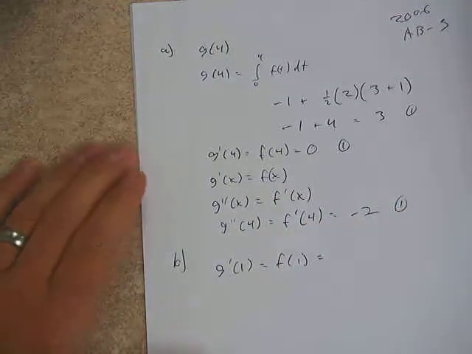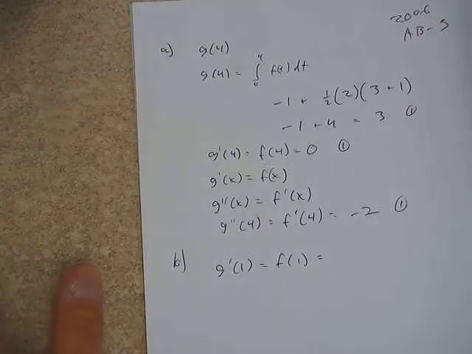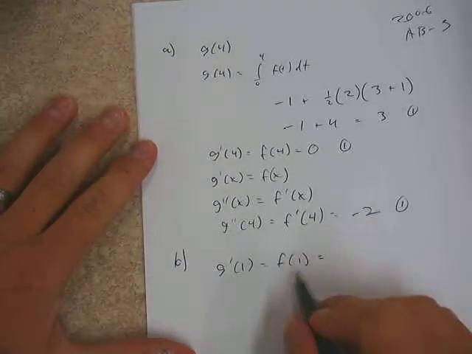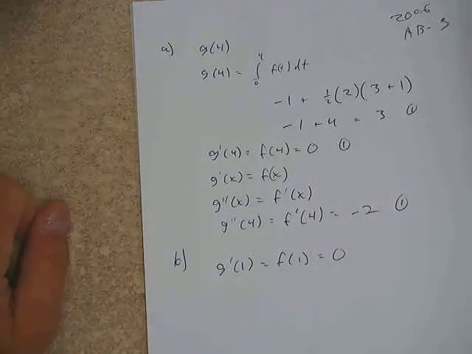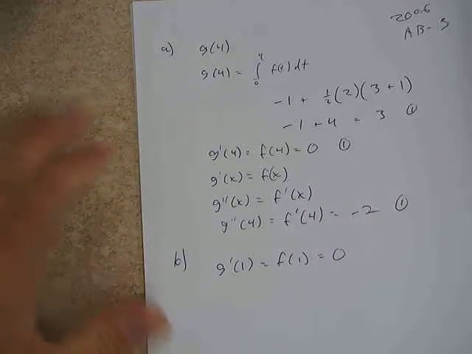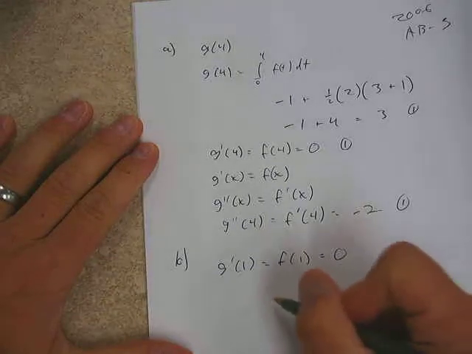Again g prime is equal to f, so at 1, what's going on there? f of 1 is in fact 0, so the derivative does equal 0, so that would be a candidate.